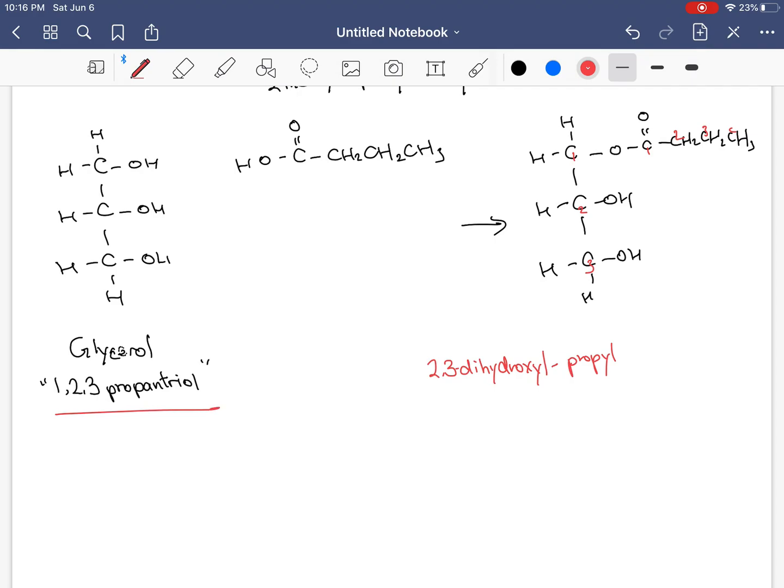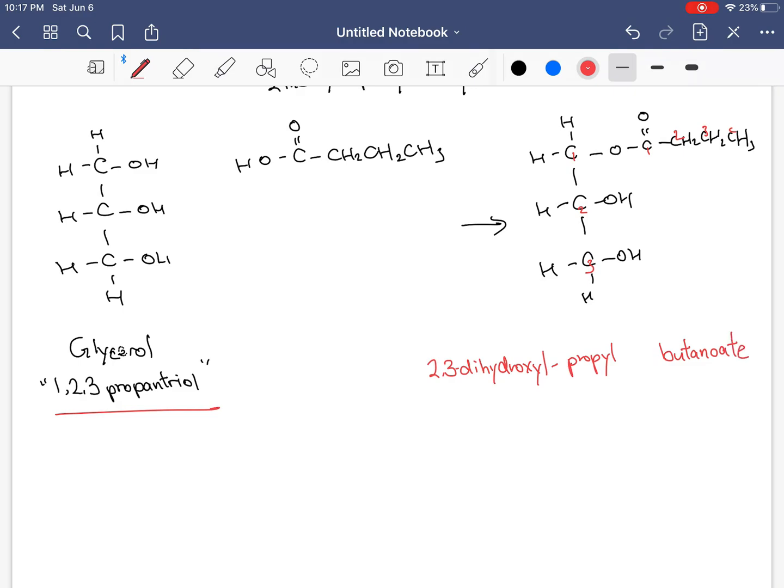Notice you can't really say propanetriol or propanediol. You have to turn those alcohols into hydroxyl. Then you have your space, and you would name the acid portion with an -oate ending, and that will be butanoate.